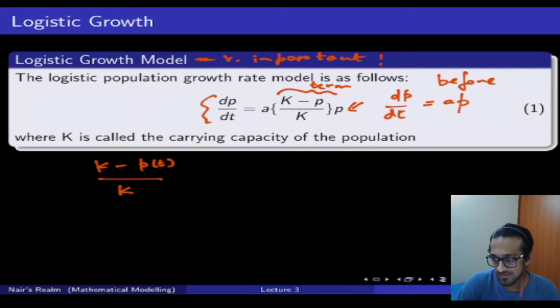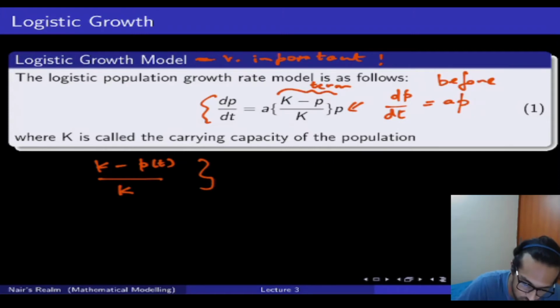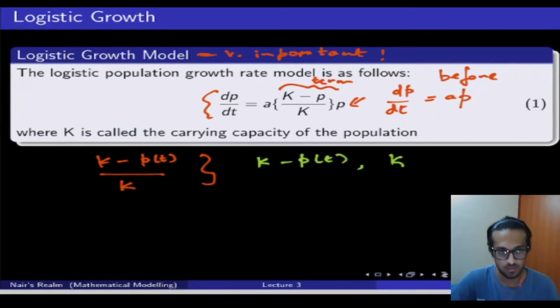Now, if you explore this function, (K - P(t))/K, a bit more, it's essentially telling you that this is the ratio of the population that has yet to be used in the environment divided by the total population that it can accommodate. I'll break this down into two terms and explain what I mean. One term is K - P(t), and the second term is K. P(t), as we know, is the population size at a particular time t.